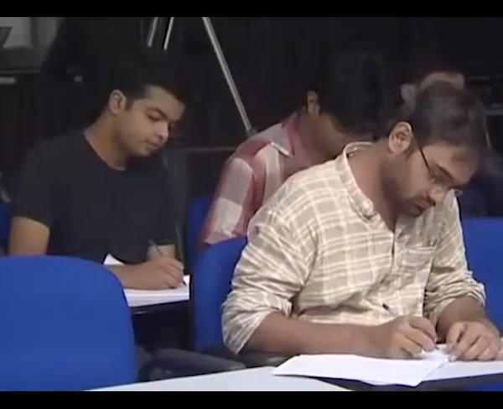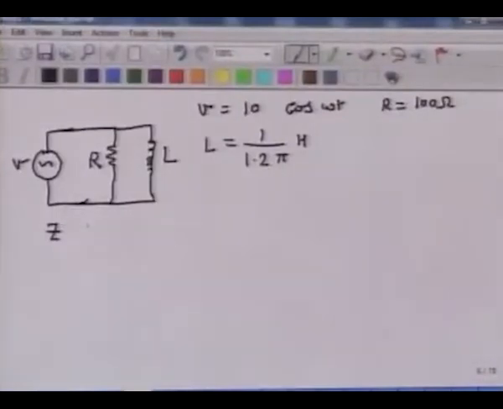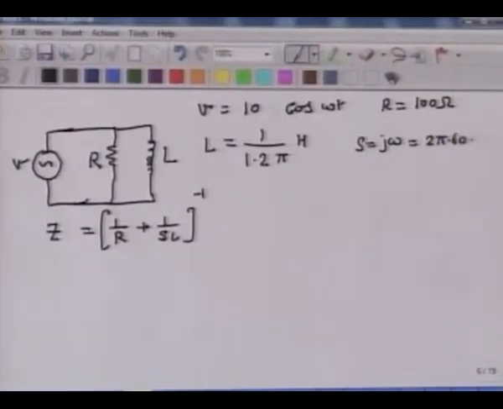So my impedance of the whole circuit, Z, is basically 1 over R plus 1 over SL, and I take the inverse of this. I know that S equals j omega, equals 2 pi times 60 times j.